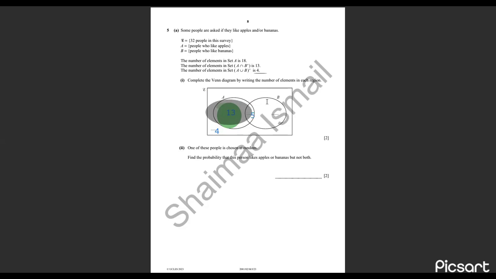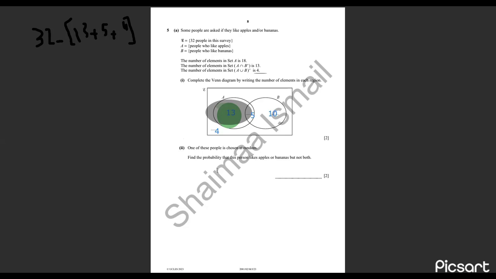So we subtract all these from 32 to give us the value of B. So 32 minus 13 plus 5, which is 18, plus 4, which is 22. So 32 minus 22 is equal to 10. Okay, we did it. Now one of these people is chosen randomly; find the probability that this person likes apple or banana.